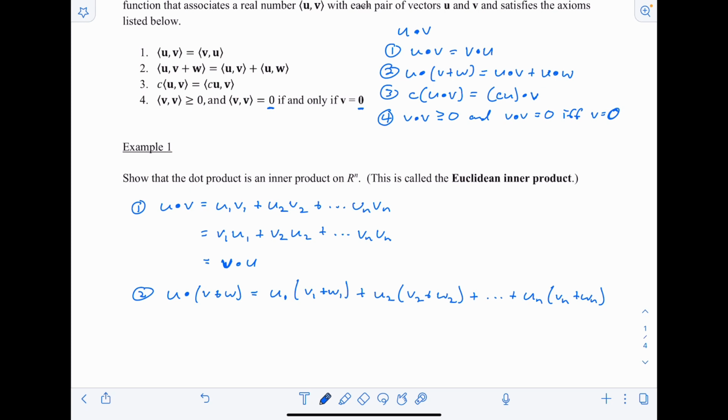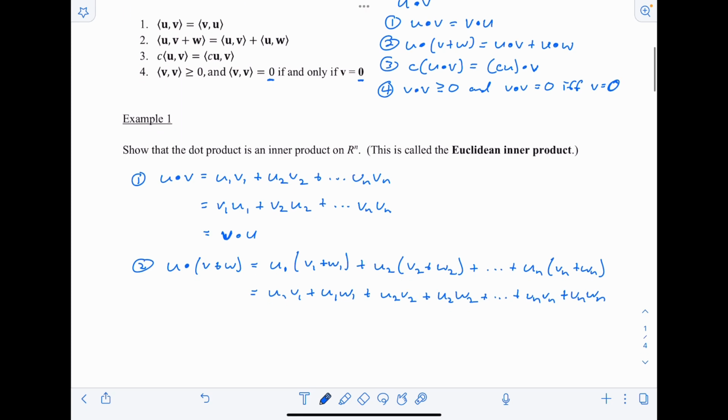All right, well, if we distribute through and simplify this, we have u1 v1 plus u1 w1 plus u2 v2 plus u2 w2 all the way up to un vn plus un wn.